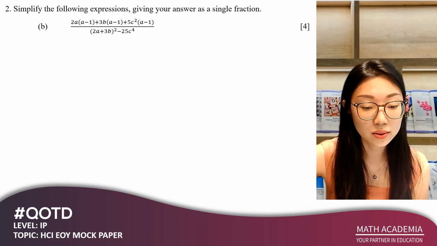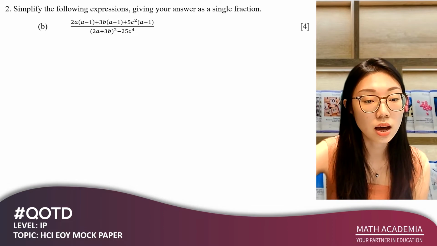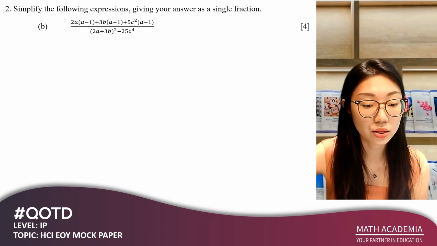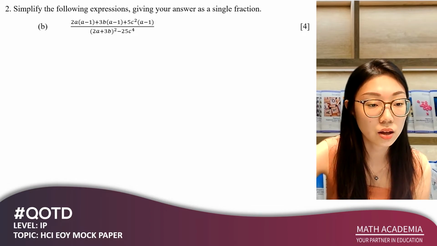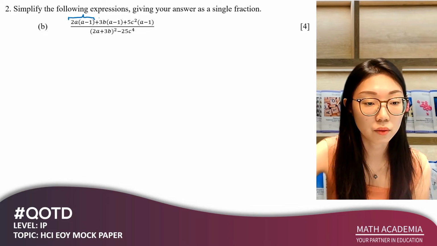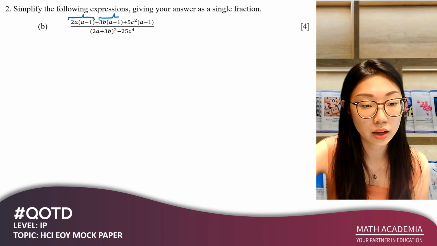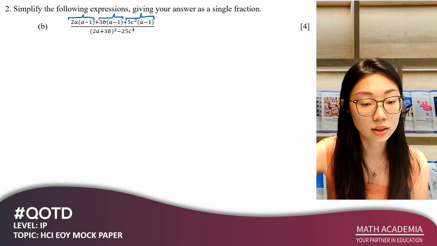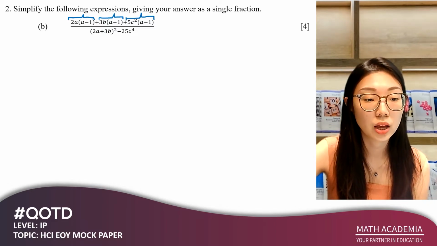Okay, by observation in my numerator, I will realize that there are 3 terms, right? I have 2a multiplied by a plus 1, I have 3b multiplied by a minus 1, and I have 5c squared multiplied by a minus 1. By looking at these 3 terms, do I have a common factor? I do.